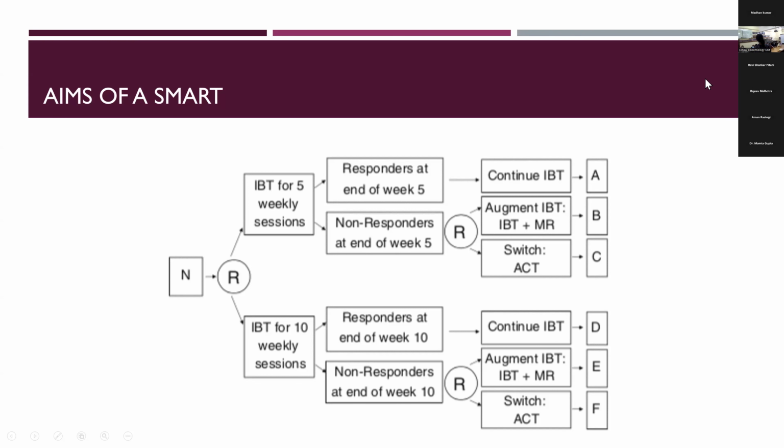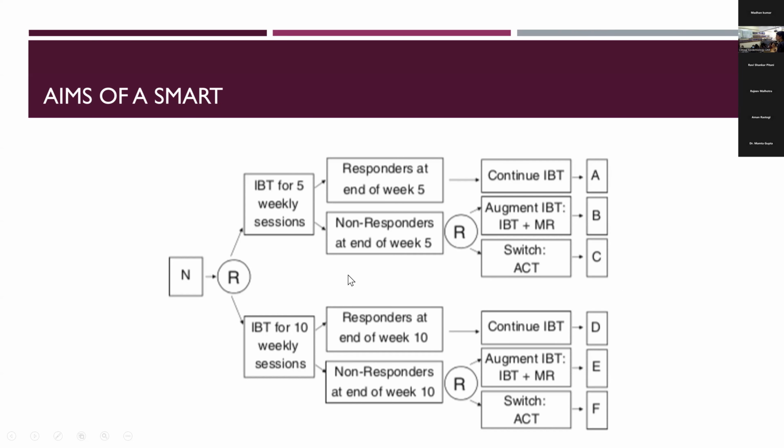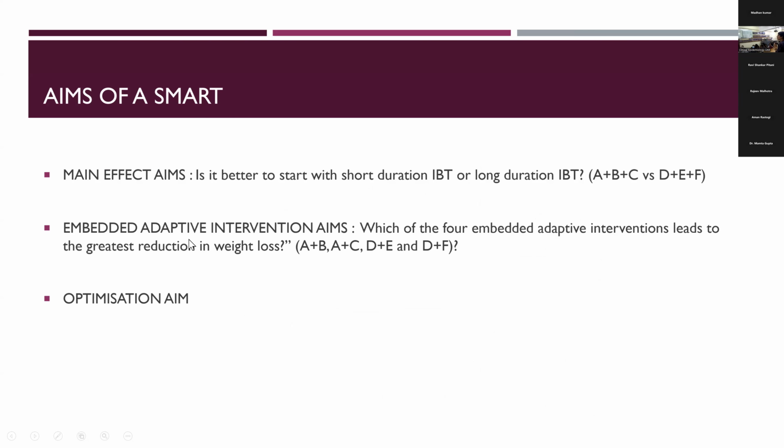Now, when you design a SMART, you have to say what your aim is, what do you want to find out from this study. So either it can be a main effect aim. Is short duration better than long duration IBT? So what you do, A plus B plus C versus D plus E plus F. Okay. Then the next thing is an embedded adaptive intervention aim. So which of the 4 embedded adaptive interventions leads to the greatest weight loss?